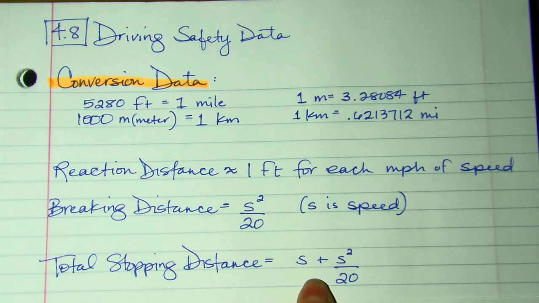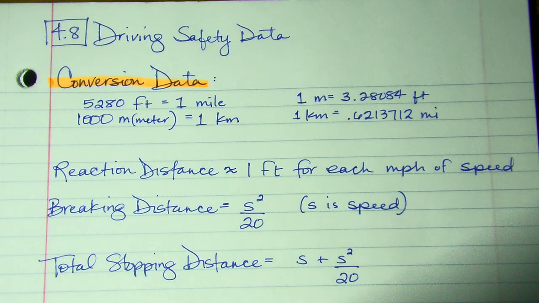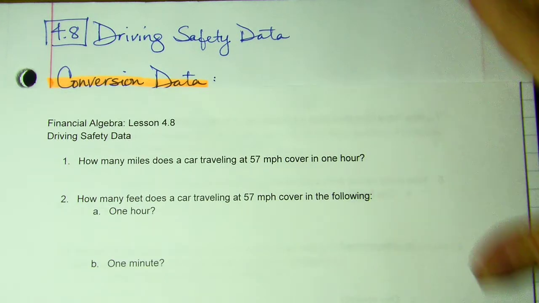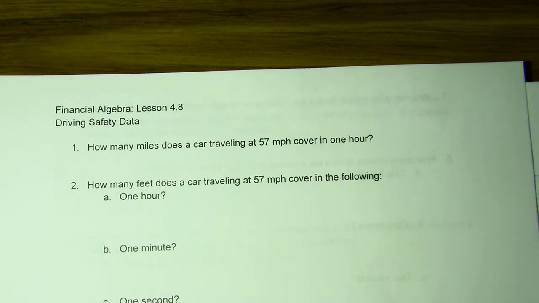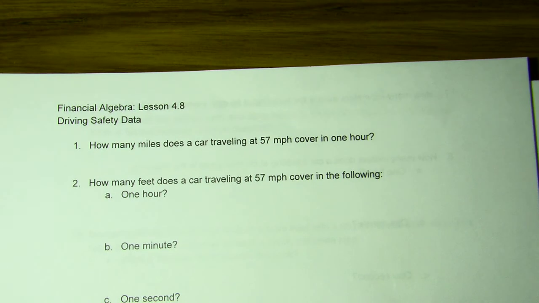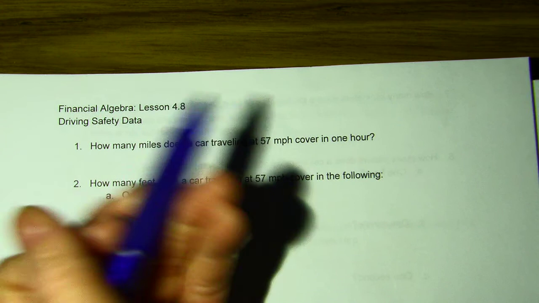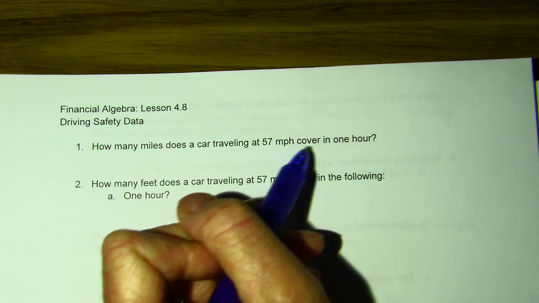So our total stopping distance is the two added together. We're going to do a bunch of examples today practicing all of this. I can attach a blank copy of this if you'd like to fill it out with me in this video.